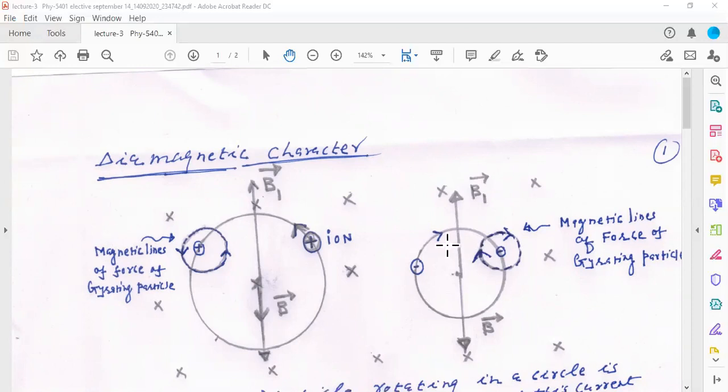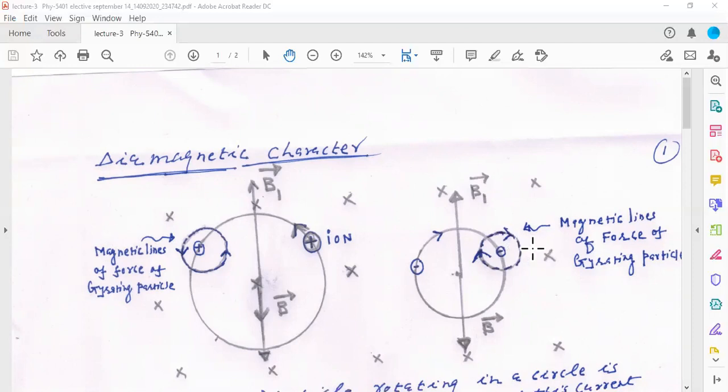So the behavior of this magnetic field is that inside the orbit there is a reduction in the magnetic field, while outside the orbit the additional magnetic field and the external magnetic field are in the same direction.